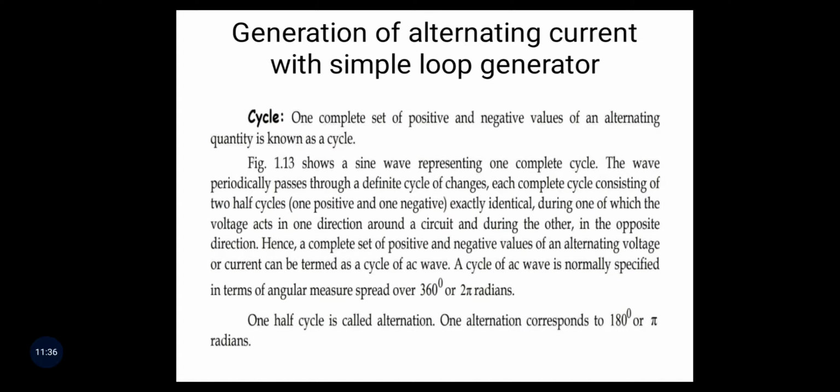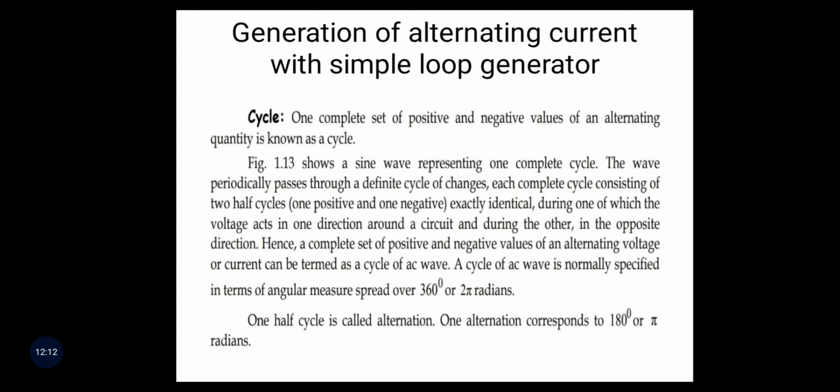During one of them the voltage acts in one direction around a circuit, and during the other in the opposite direction. Hence, a complete set of positive and negative values of an alternating voltage or current can be termed a cycle of AC wave.